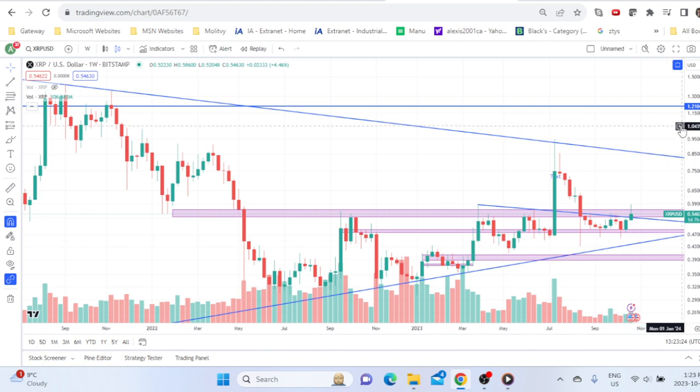In my estimate, the most optimistic scenario, I'd see maybe $1.20 before the end of the year. On this trend line, mid expectation, if the bull trade continues, maybe testing 84 cents before the end of the year. On the downside, we have a support here at 44 cents.